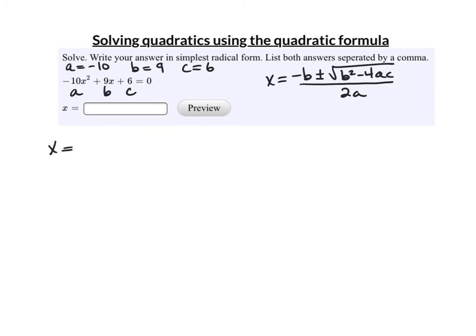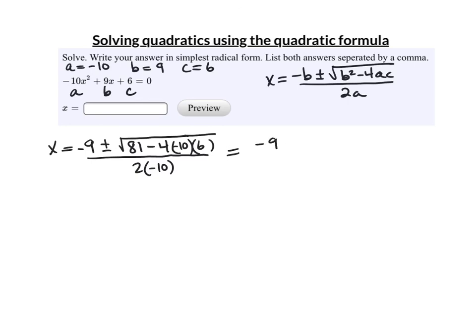X equals the opposite of B, which is negative 9, plus or minus the square root of B squared, which is 81, minus 4 times A times C, so negative 10 and 6, all over 2 times A, 2 times negative 10.